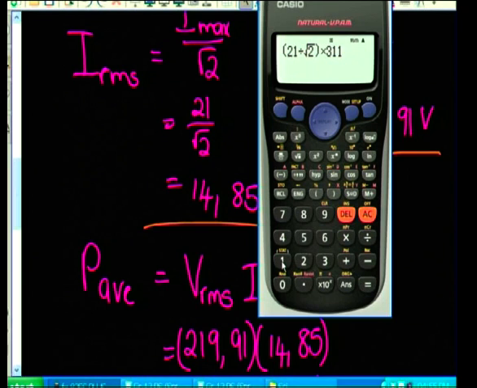Look at that. That keeps the same answer the whole time. And look at that, I get exactly the same answer as I got when I divided the maximum in half. It doesn't matter. It is the rounding.